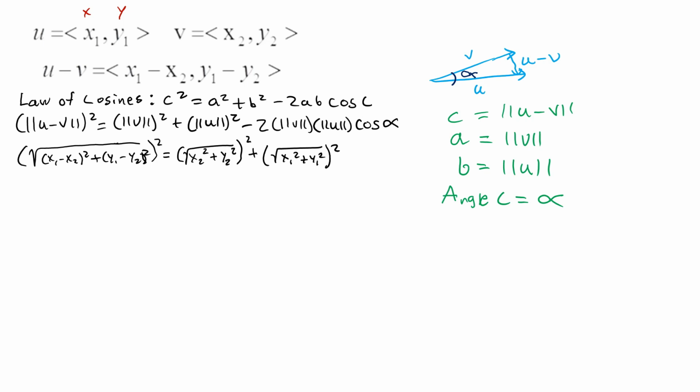We're not going to worry about that. So we're going to do minus 2 magnitude of v, magnitude of u, cosine of alpha.